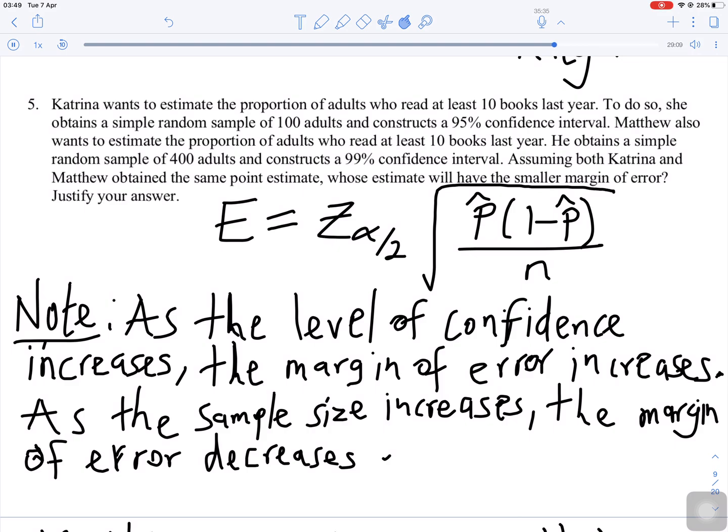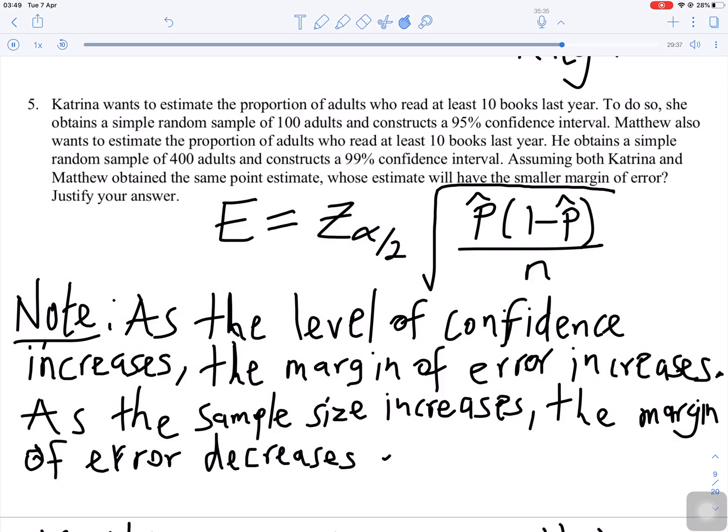Matthew also wants to estimate the proportion of adults who read at least 10 books last year. He obtains a simple random sample of 400 adults and constructs a 99% confidence interval. Assuming both Katrina and Matthew obtained the same point estimate, whose estimate will have the smaller margin of error?